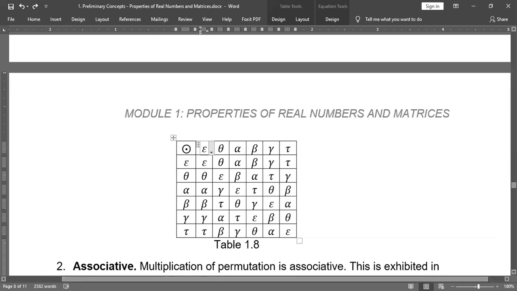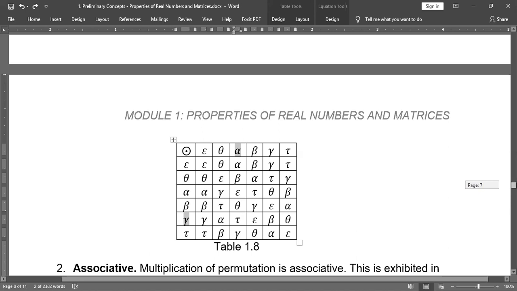And reference. Tingnan tayo kanina. Yung kanina, gamma times alpha. Ano ba yung kanina? For example, gamma times alpha, the result is tau. Okay, tignan natin. Hanapin natin si gamma times alpha.